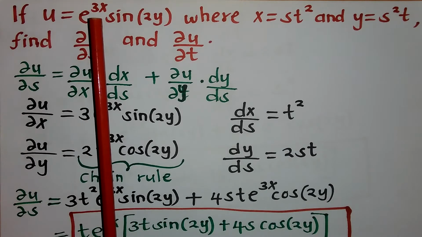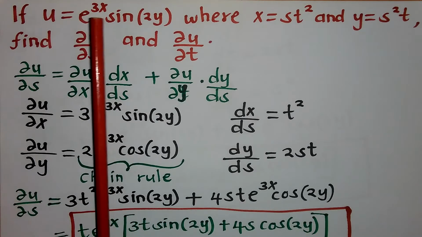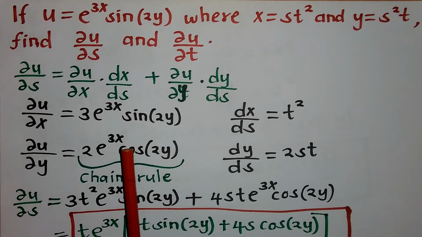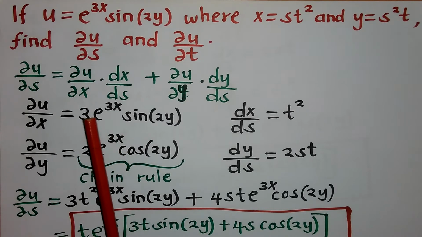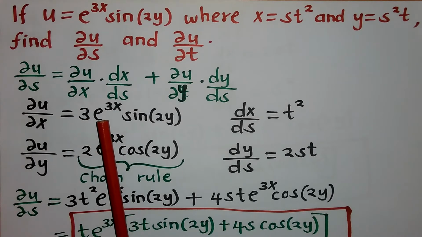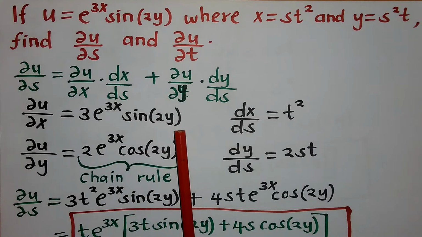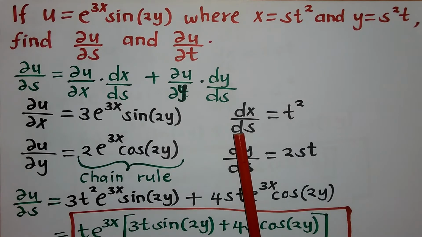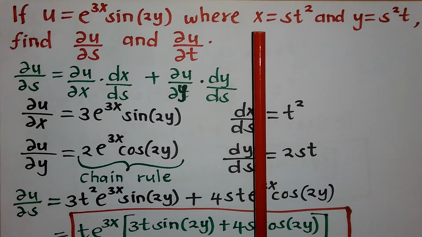The derivative of an exponential is given by the derivative of the power multiplied by the exponential. The derivative of 3x in this case is 3. So we are going to have 3 multiplied by exponential 3x and sine 2y, which is not going to change. After that, we go to finding the derivative of x with respect to s.